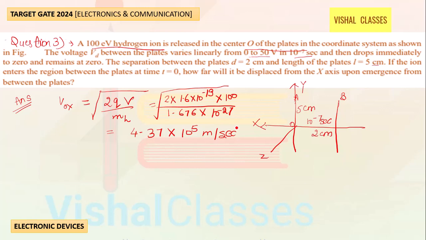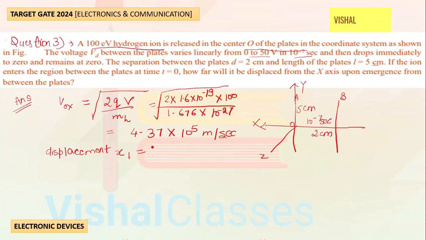4.37 into 10 raised to power 5 meter per second. Also this formula you should write in the formula notebook. And one more formula, write it. Displacement in x direction, vector distance, like a distance, it is the shortest distance.